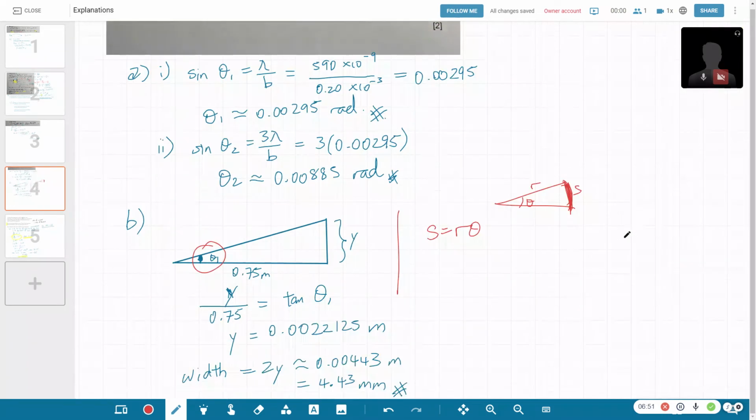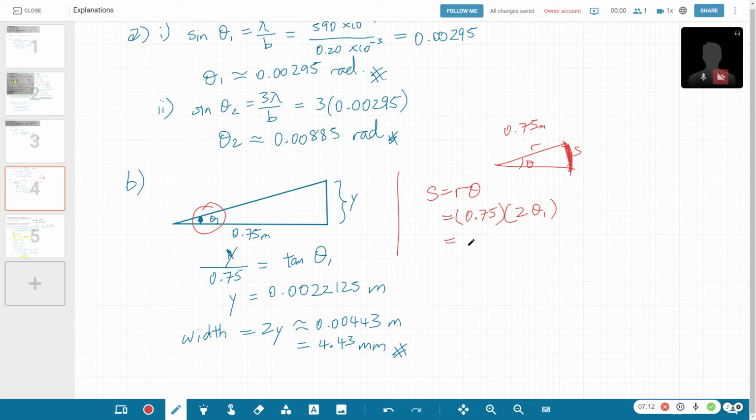So the width of the central maximum is s equals r, which is 0.75 meters, times 2 theta 1. You'll get the same answer, 0.00443 meters, or 4.43 mm. Same.